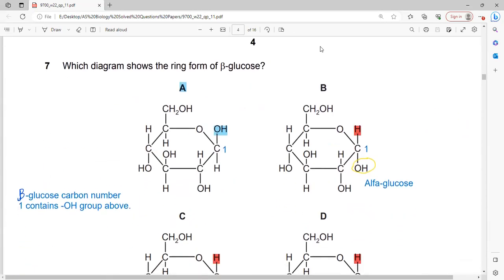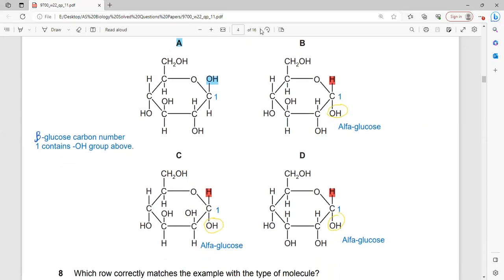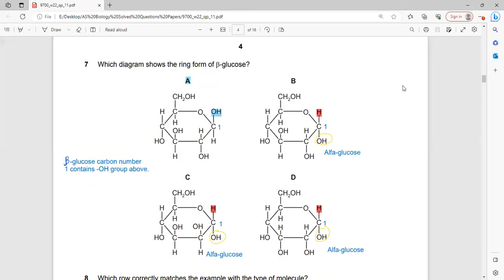We're going to proceed to the question number 7, and it is describing the molecules. For example, which diagram shows the ring form of beta glucose? So these glucoses are hexose sugars. So all these molecules are showing hexose sugar.